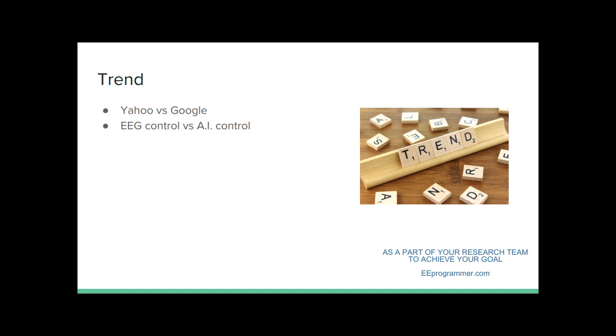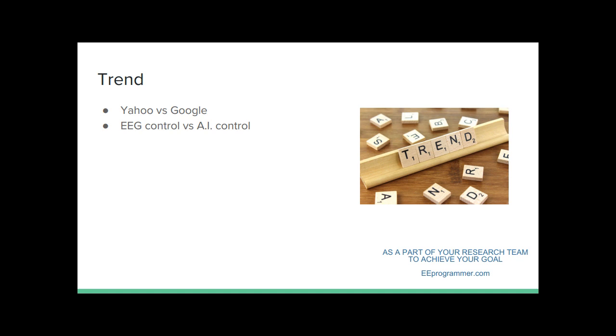Many years ago, the US Army tried to use the EEG signal to control weapons. I watched a video a couple years ago. They say EEG signal is so noisy, it's not too good.